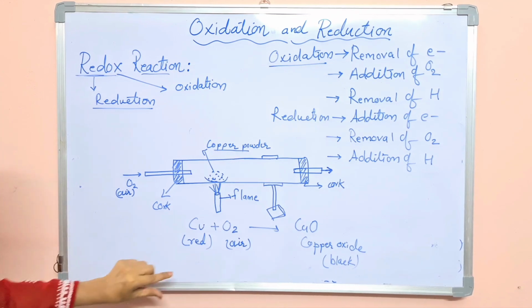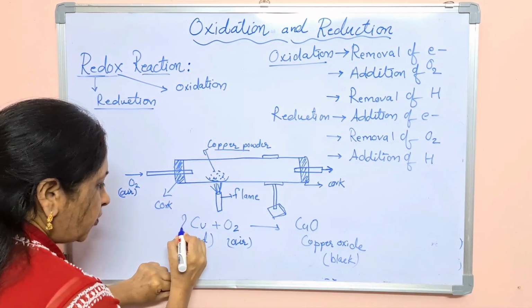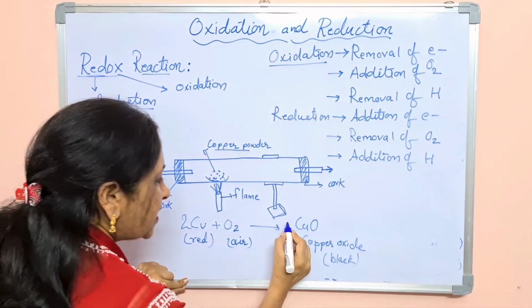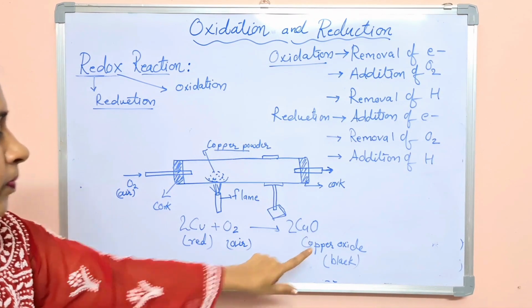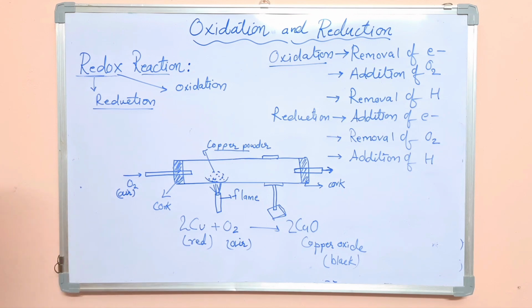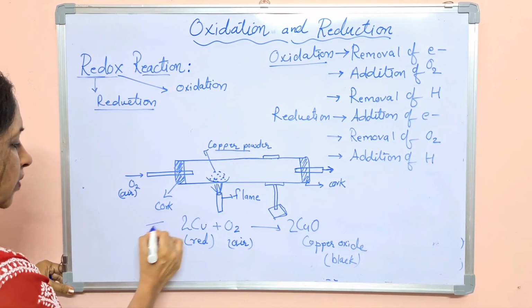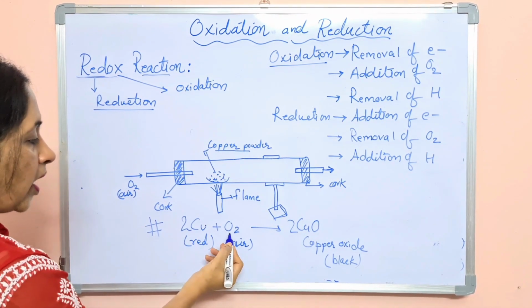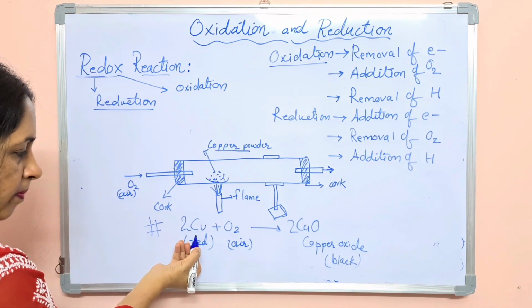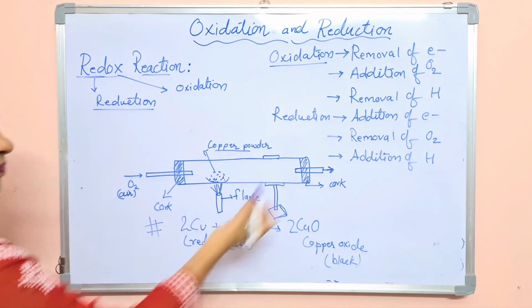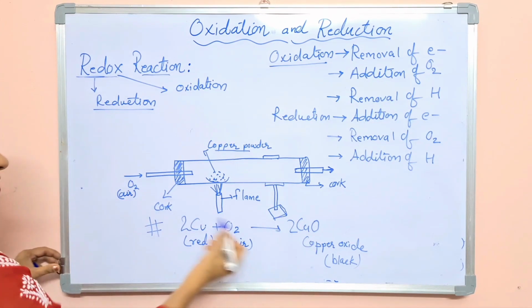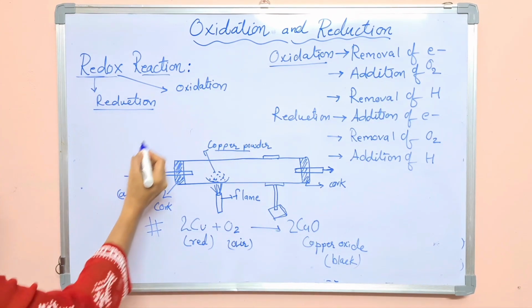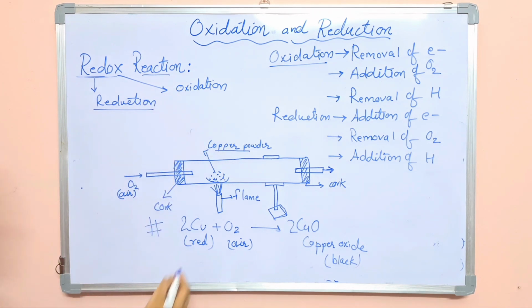So you have to balance this reaction in this way: 2Cu + O2 gives 2CuO, copper oxide, of black color. In this reaction, you can see that oxygen is added to the copper. Addition of oxygen, and here it forms copper oxide. So this is the example of oxidation.